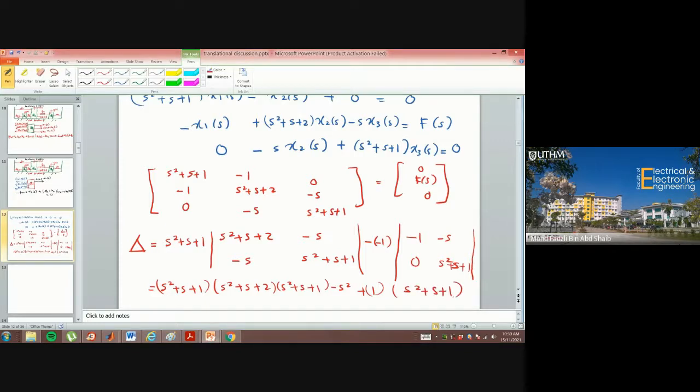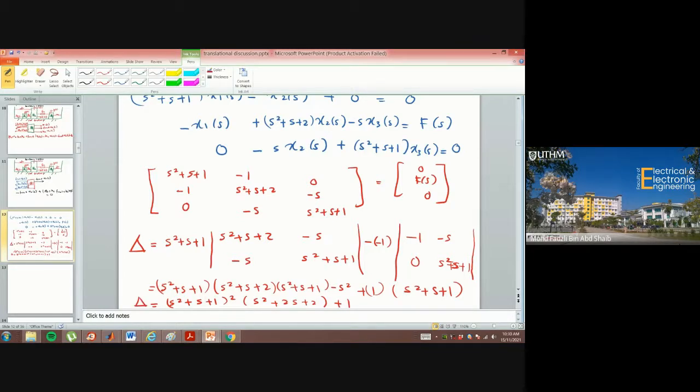Then finally you will get s square plus s plus 1 squared. I show the simplification, there are so many steps. s square plus 2s plus 2 plus 1. Okay, this is the determinant value.